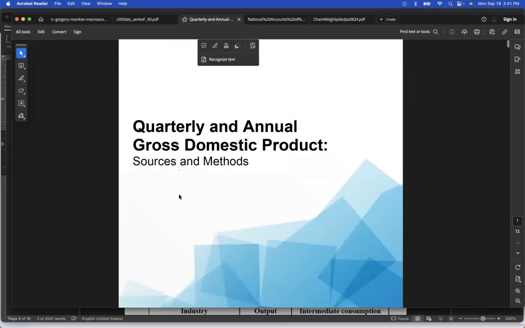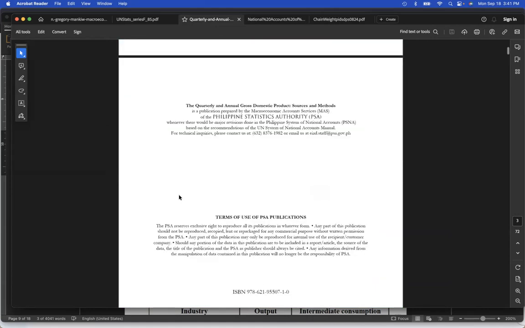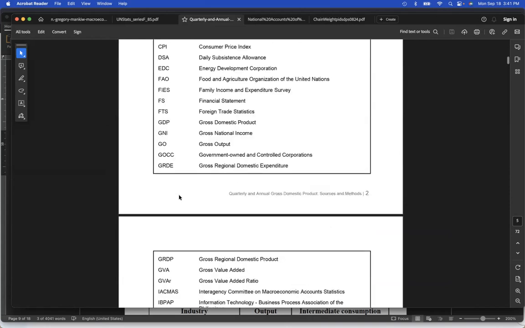Quarterly and annual gross domestic product data, sources and methods. This is a PSA document as well. And I want to make sure you guys read this. Everything I'm talking about is from this document, but it would be a good idea to download this.